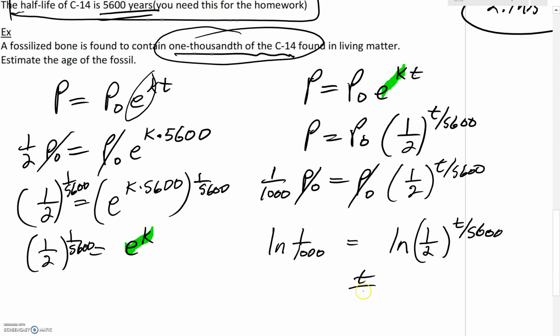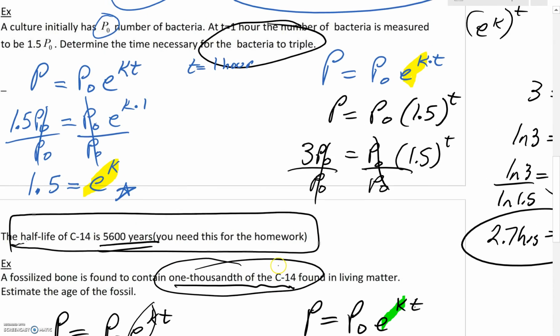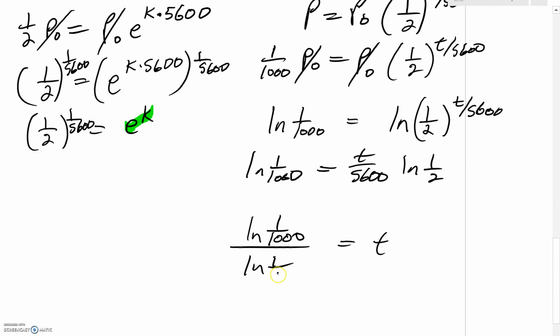So you'll have t over 5,600. And now you just clean it all up. What you've got to do to solve for t, first you could divide. You can divide by that. Oops, writing kind of fast, trying to save us some time. And then you're going to multiply by 5,600. This left side, you'd get 9.96, something like that. And then you multiply both sides by 5,600.